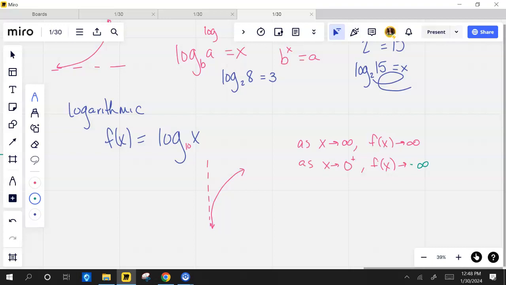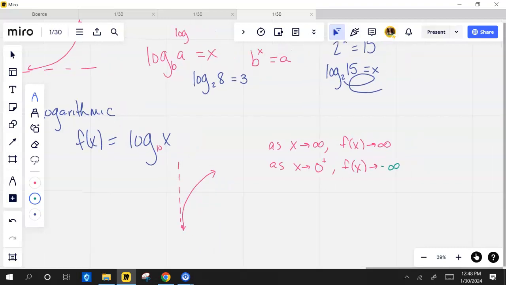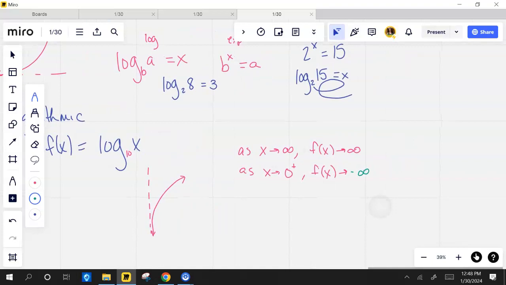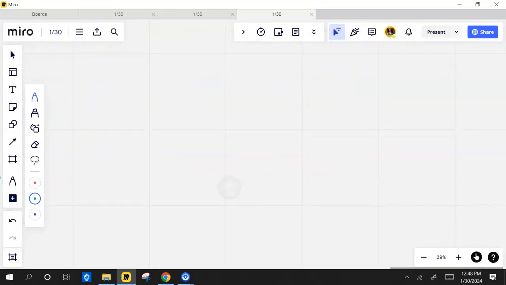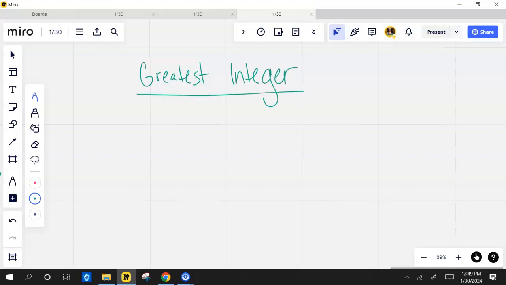All right, what is greatest integer? I don't want to move on from this if y'all are not ready to move on from this one. This whole back page is probably new to everybody. Even when we got to logs, though, we didn't graph them.